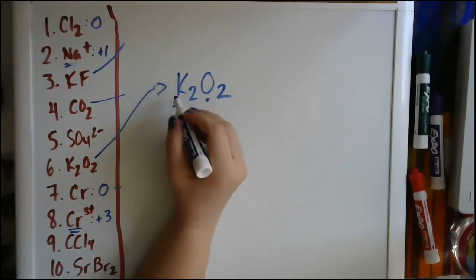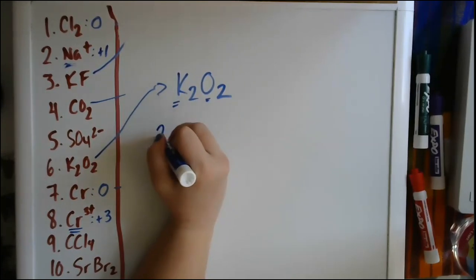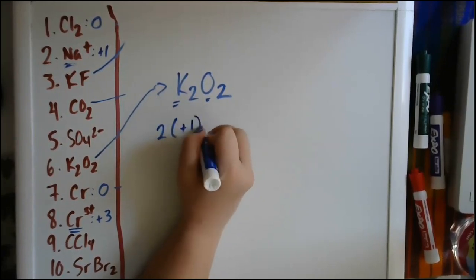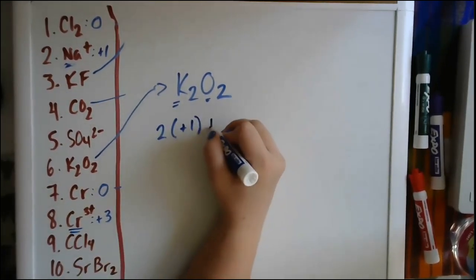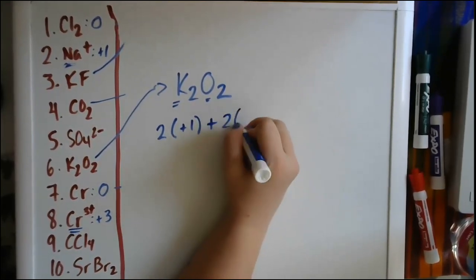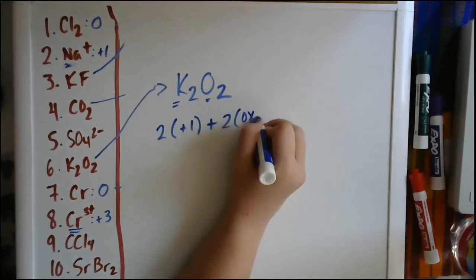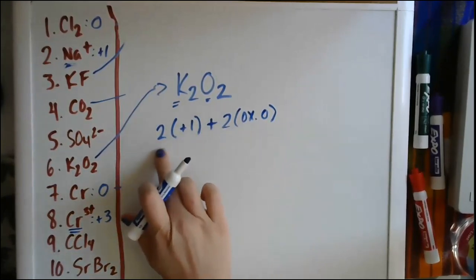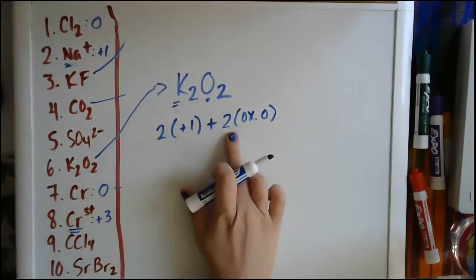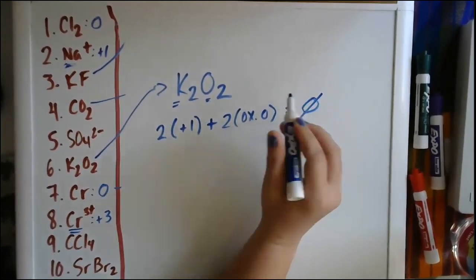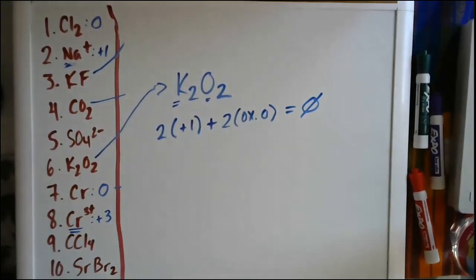So we know that there are 2 potassiums, and each potassium, which is a group 1 metal, has an oxidation state of +1. When we add the oxidation state of potassium to 2 times the oxidation state of oxygen, these things have to equal 0 because this is a neutral compound.